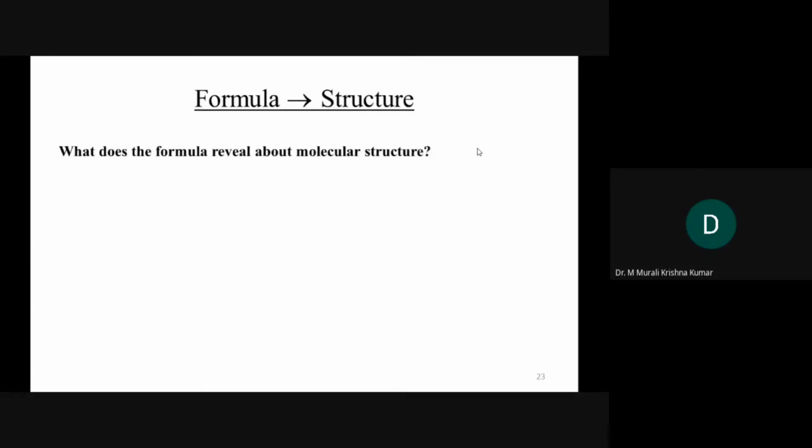So what does the formula reveal about molecular structure? Friends, I hope you understood the concept here. With the appropriate analysis of the molecular ion, M+1 ion and M+2 ion, we will be able to identify the presence or absence of an element, and also decipher critical information regarding elements which are always present in organic compounds, like carbon, nitrogen, sulfur, halogens.